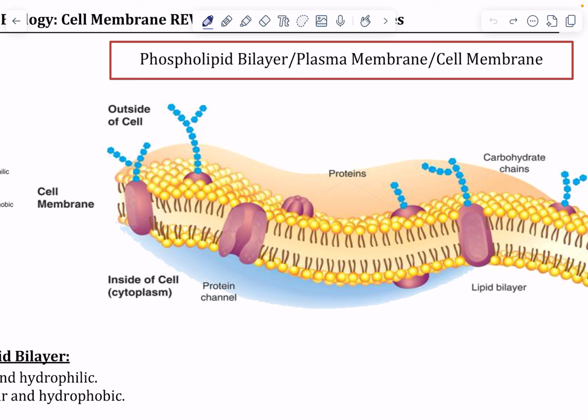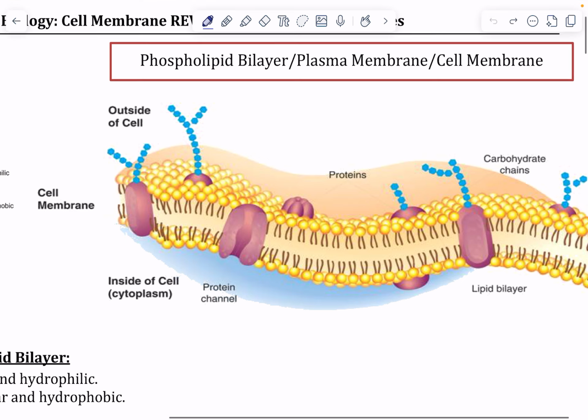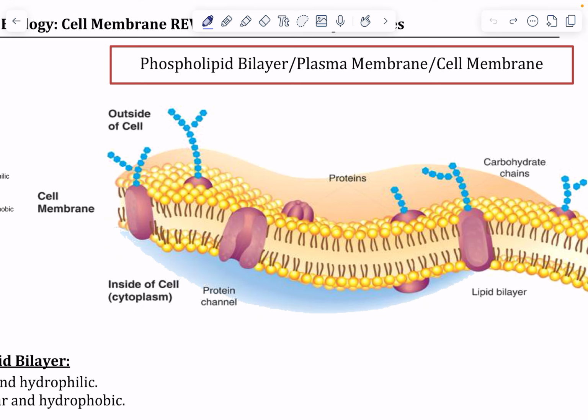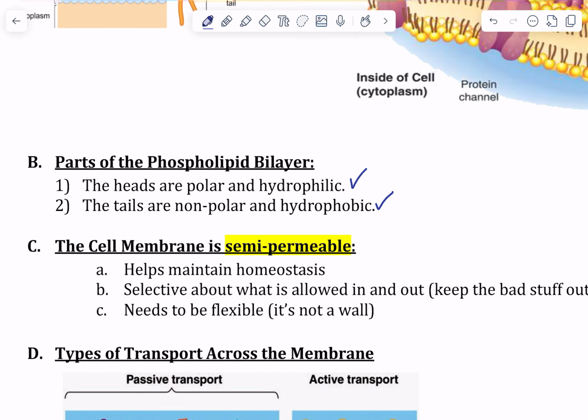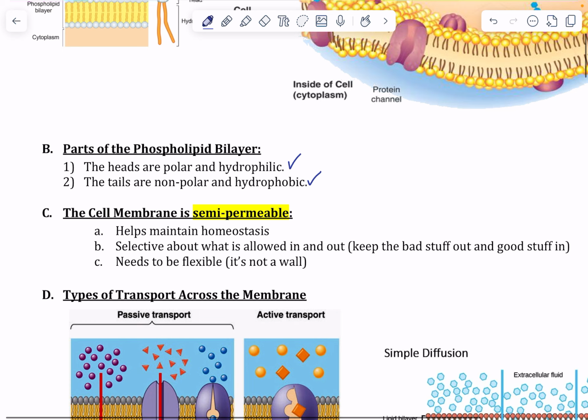We have the integral proteins, which are the ones that span the entire span of the cell membrane. The peripheral proteins are the ones that are only on one side of the cell membrane.